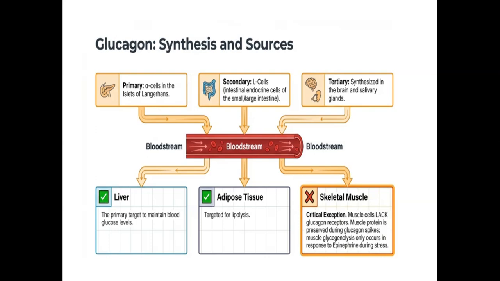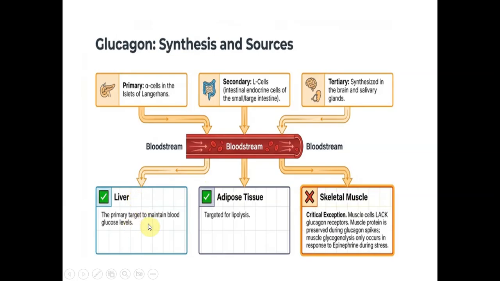Here you can see that the primary source is alpha cells in the islets of Langerhans, the secondary source is L cells and intestinal endocrine cells of the small and large intestine. Another source is that glucagon is synthesized in the brain and the salivary glands, and then it gets into the bloodstream where it reaches the liver, adipose tissue, and the skeletal muscles.